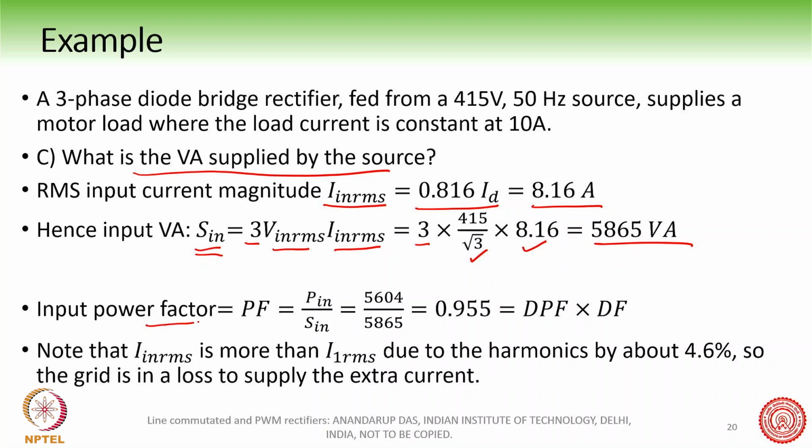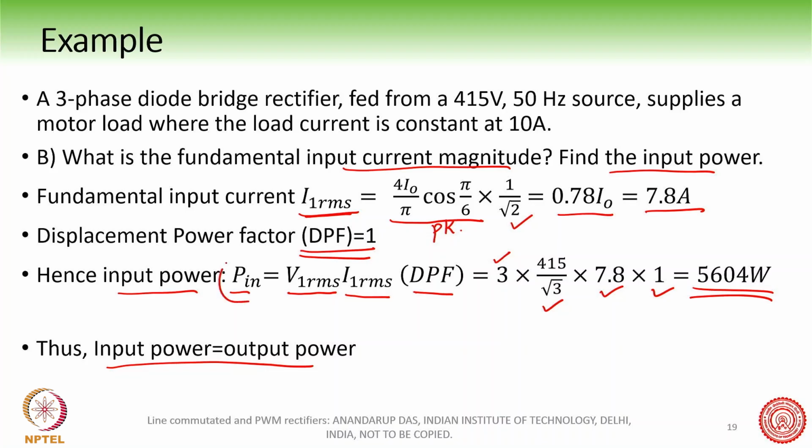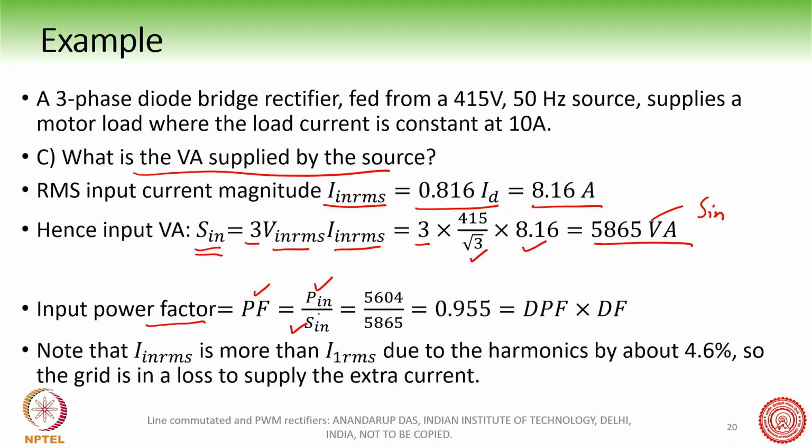Therefore what is the input power factor? Input power factor is P in divided by S in. We have found the input VA S in, and we have already found P in. So the power factor P in by S in is equal to 0.955. In fact, you can check that this is equal to dpf into df, where df is 0.955 and dpf is equal to 1.